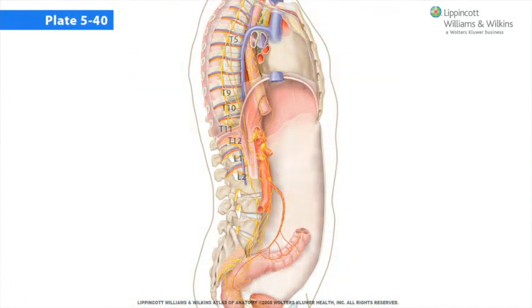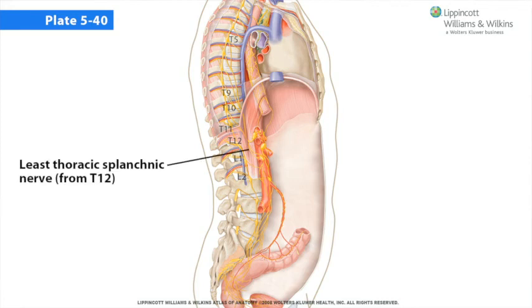The preganglionic sympathetic nerves that innervate the kidney run in the least splanchnic nerve, which carries sympathetic fibers from the lateral horn of the gray matter at spinal cord level T12. These fibers synapse at the aortico-renal ganglia, which are found at the origins of the renal arteries.